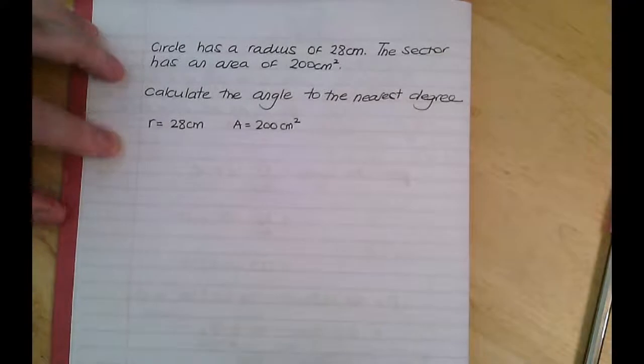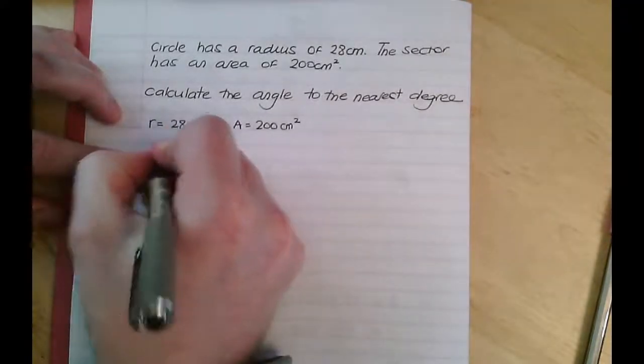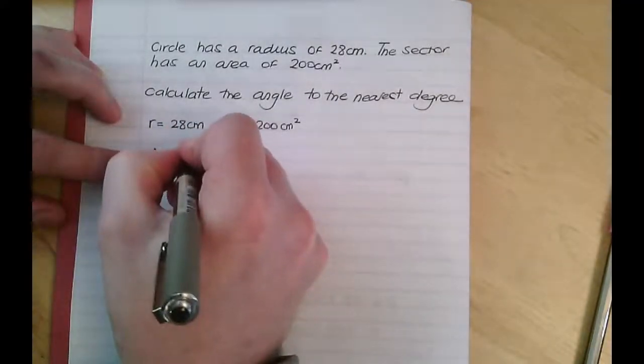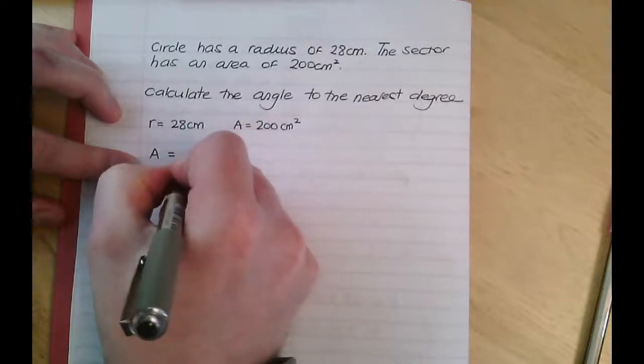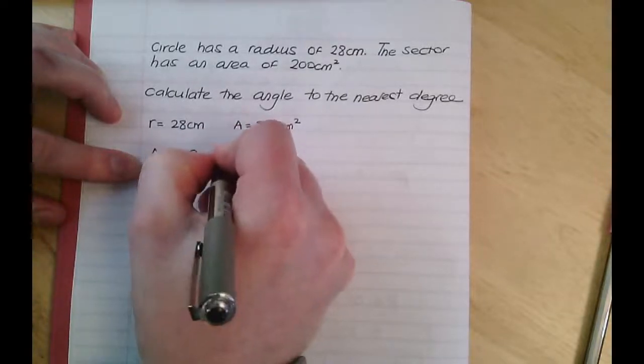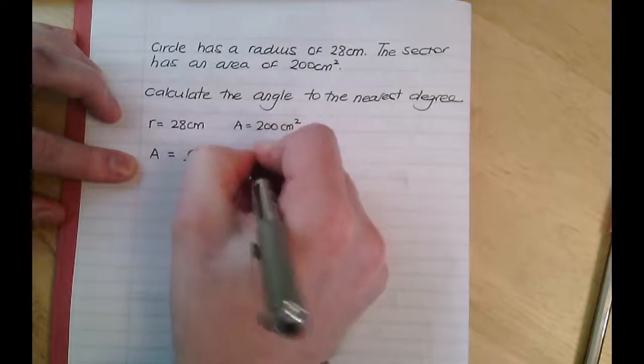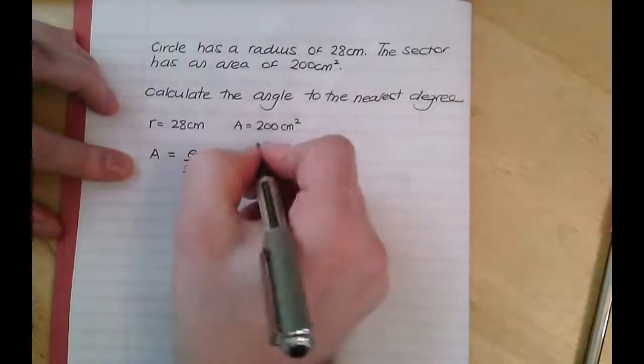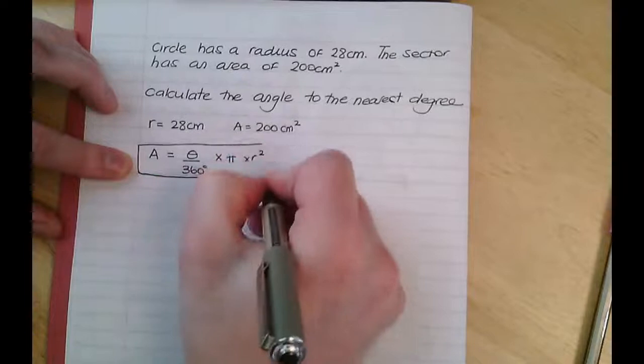So I know I'm going to need to use the formula that we saw last lesson, which is theta over 360 degrees times pi times the radius squared. So that's the area of a sector.